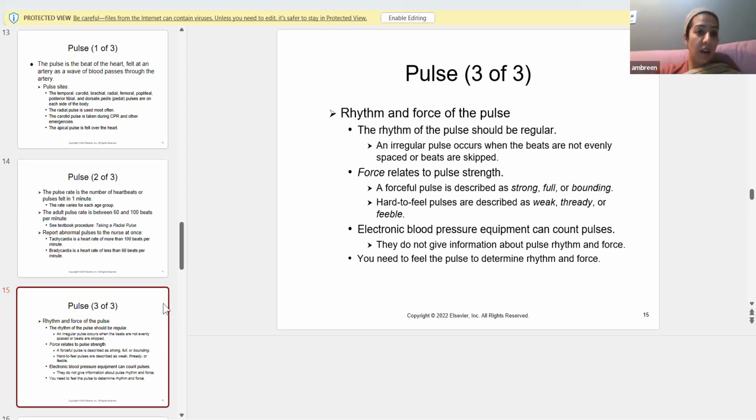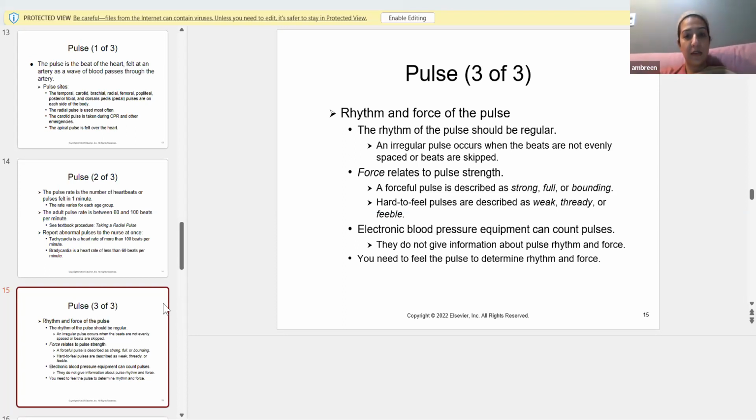Even if you don't look at the clock, if you put your hand and it's visibly irregular, you see, oh, now it's faster, now it's slow. Sometimes people have conditions like that. It goes fast then slow, fast then slow. So you will be able to see that.